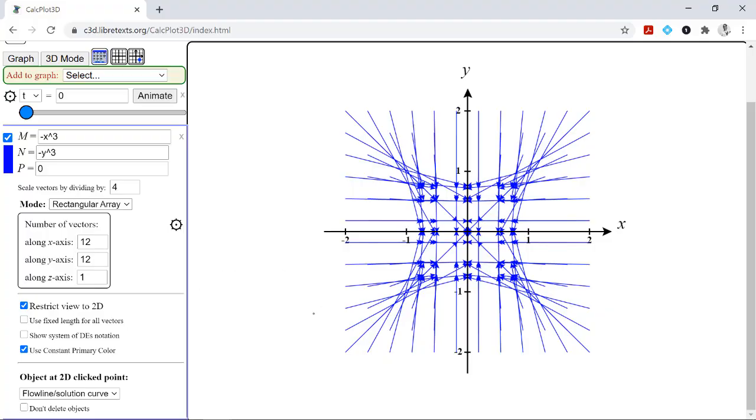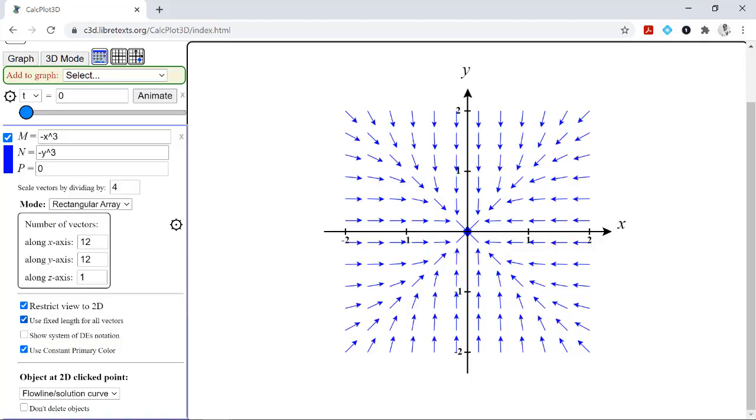If the length of the vector is not that important and you just want to figure out which way it's going, you can use the fixed length for all vectors option, and by clicking on that you get to see it a little bit neater, and it looks like it does flow towards the origin.